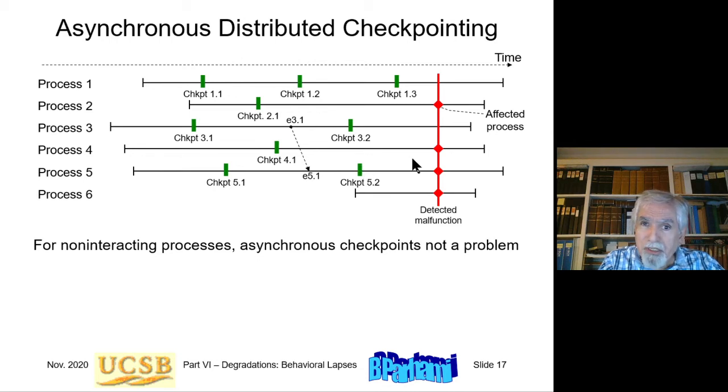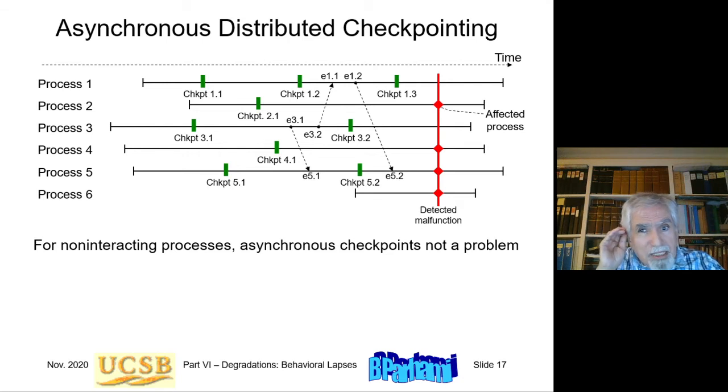The interaction occurred before this checkpoint, so whatever data had to be transferred was transferred, and no problem arises. This message transmission does not cause a problem. What about this one? Here's another interaction between these two. Well, these two are not affected at all by the malfunction, so again, no problem.